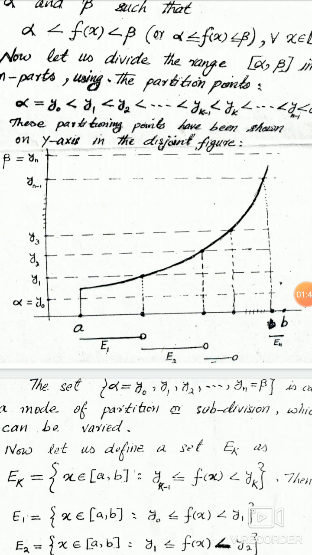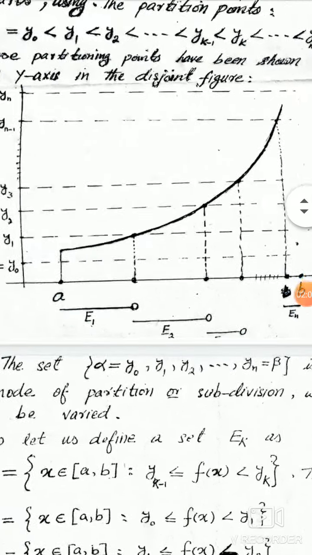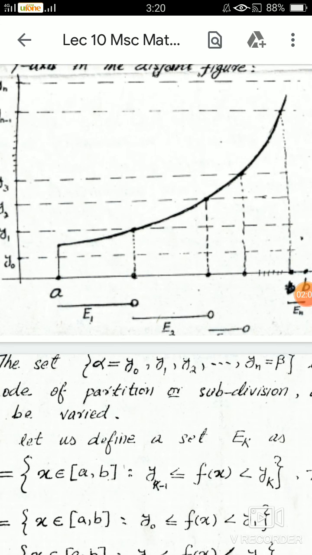Now on the y-axis we have different points y0, y1, y2, y3, ..., y(n-1), yn, and the domain is our closed interval [a, b] on the x-axis. Between y0 and y1 there are function values, and on the domain the set is e1.